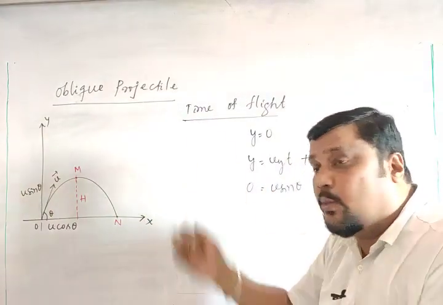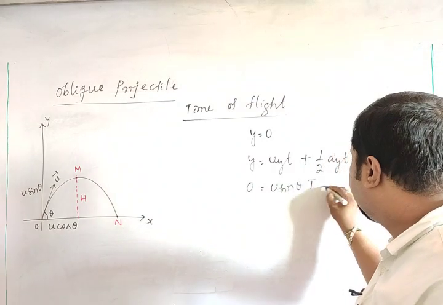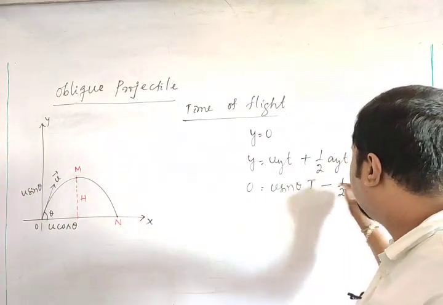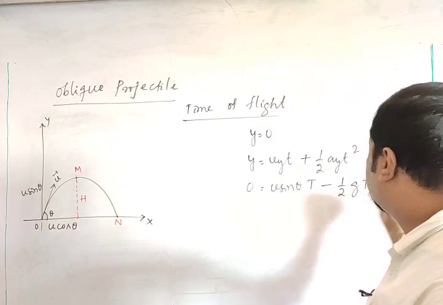Let that be capital T. Plus half, ay is equal to minus g, so half g t square.